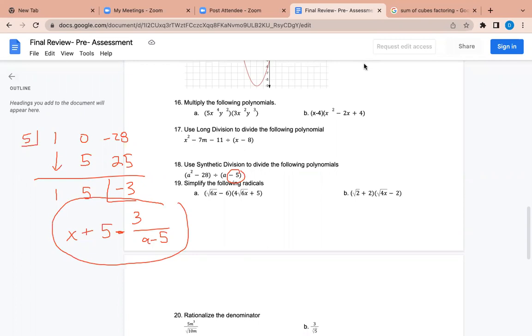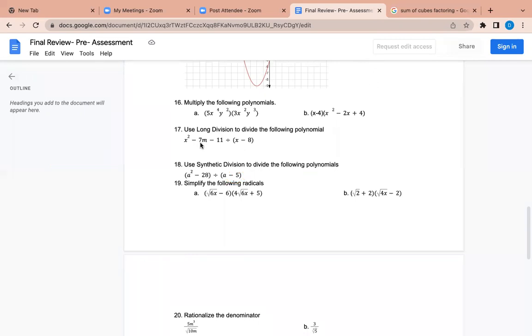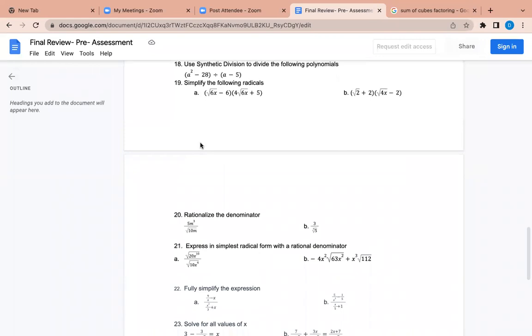Number 19. It is 6x times 6x, so that'll be 24x squared. So it'll be 4 times 36x squared plus 5 radical 6x minus 24 radical 6x minus 30.